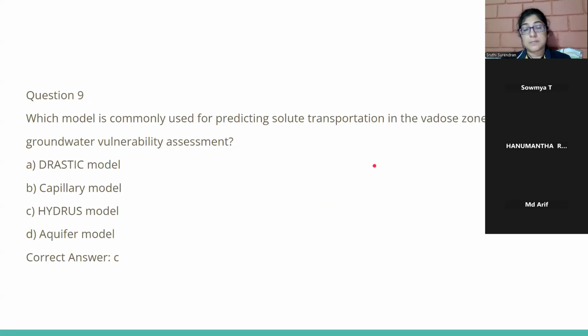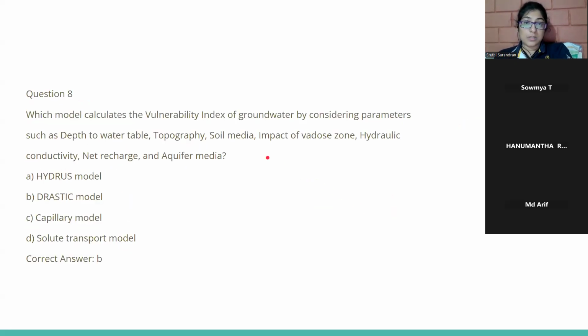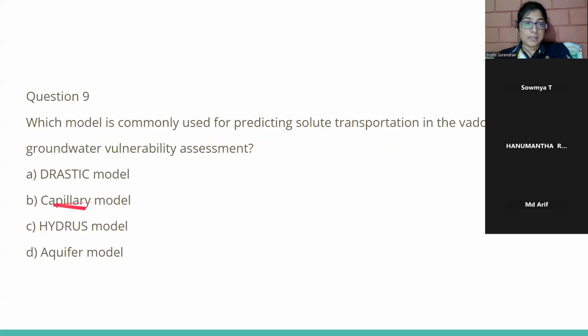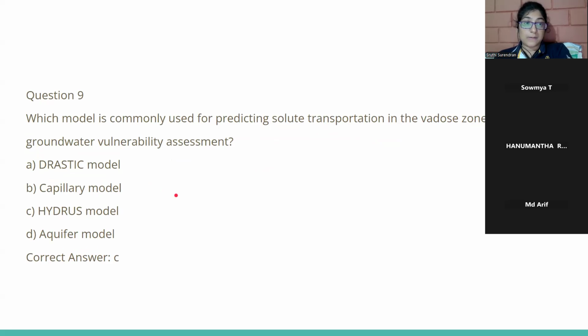Hydrus is predicting solute transportation, which can be used for groundwater vulnerability assessment. If they're asking which model is used for groundwater vulnerability assessment, it is DRASTIC. Which model is used for solute transportation, it is Hydrus.